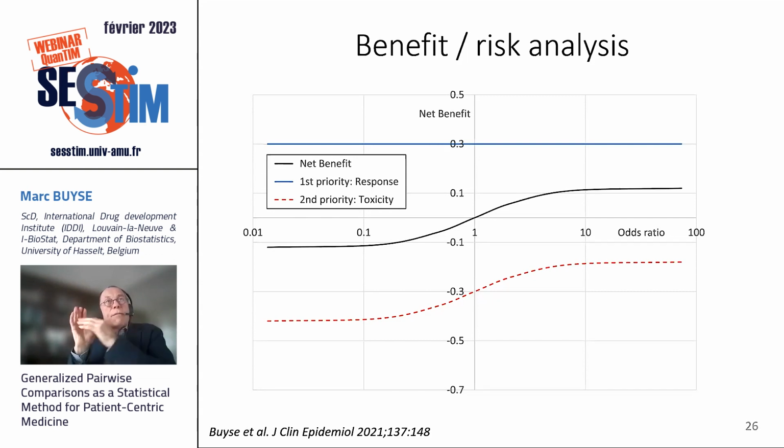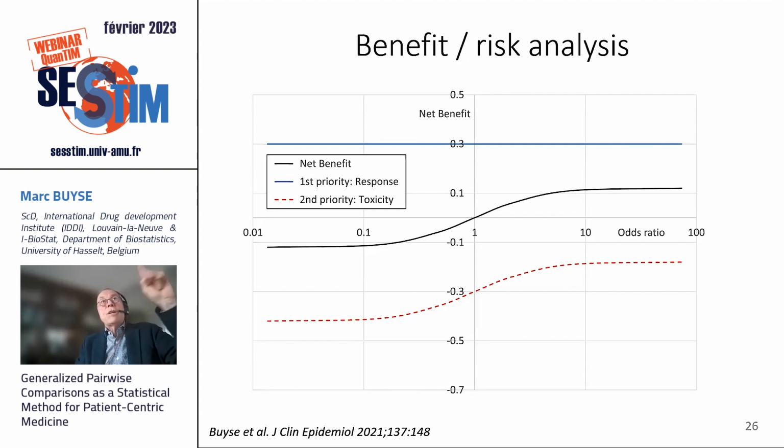So suppose I'm first interested in improving response rate, even if it's at the price of toxicity. So first priority outcome is response. Second priority outcome is toxicity. The blue line is the net benefit at a 30% benefit in favor of the treatment. Remember, it was 50% versus 20%. That's a 30% benefit. But then the red line is in fact the second outcome.